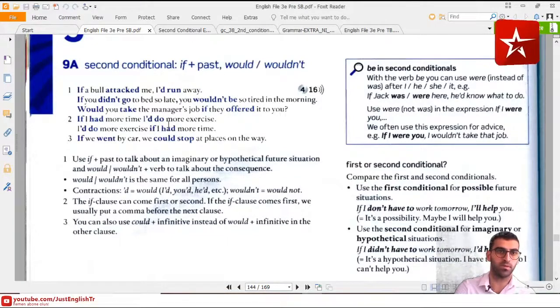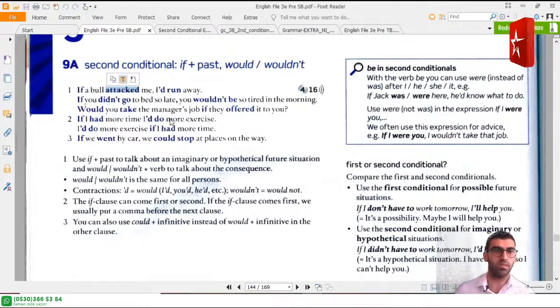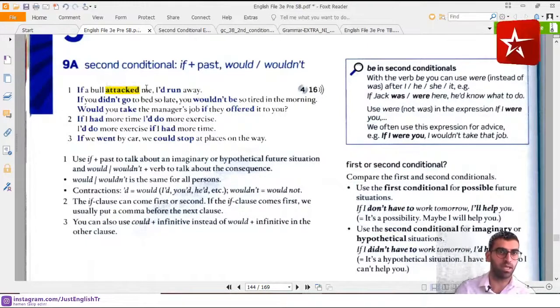As you see from the example, after if, we use the past simple. After if, we used what? We used a past simple, okay? And in the main clause we used would and run, not past simple.